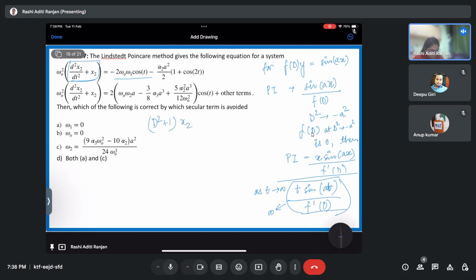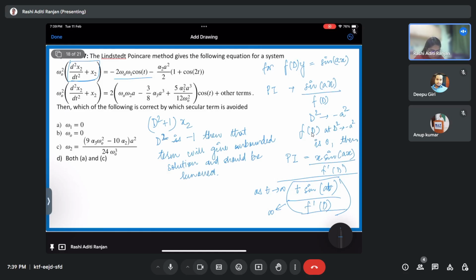So if my D square is minus 1, then that term will give an unbounded solution and should be removed, right? So I have to check.